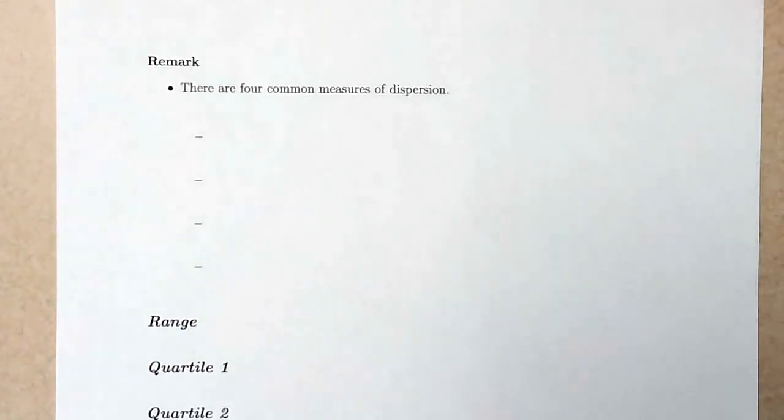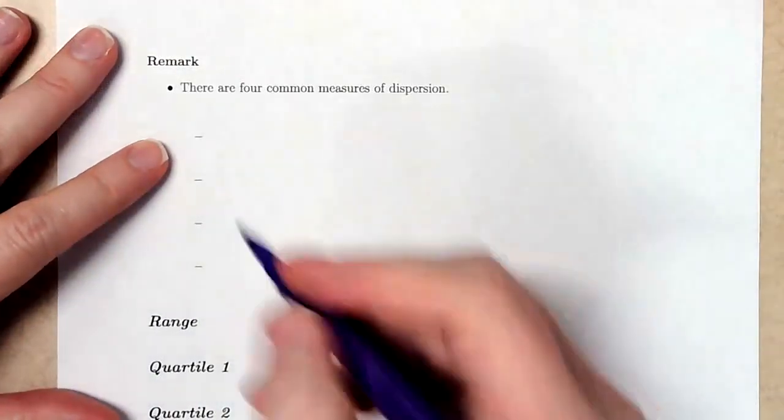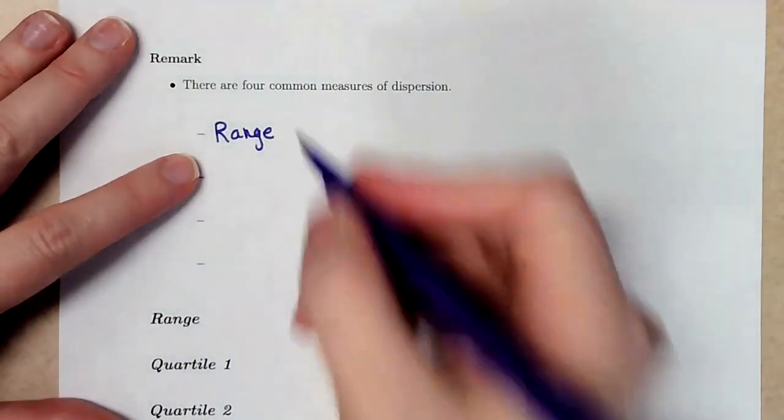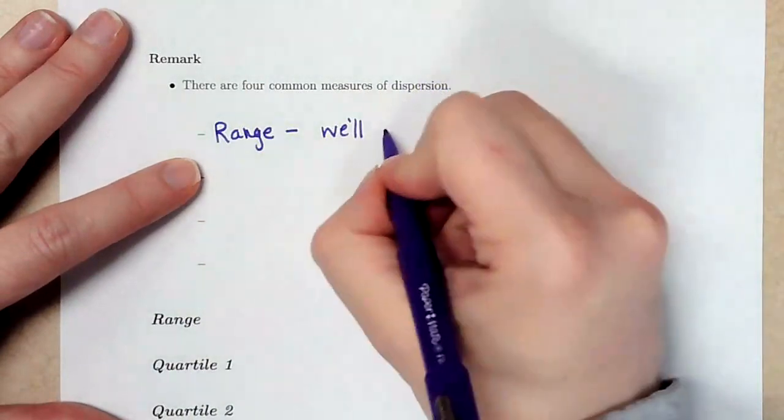Let's get to it. So there are 4 common measures of dispersion, or how spread out things are. The first of which is called range. We'll use that today.